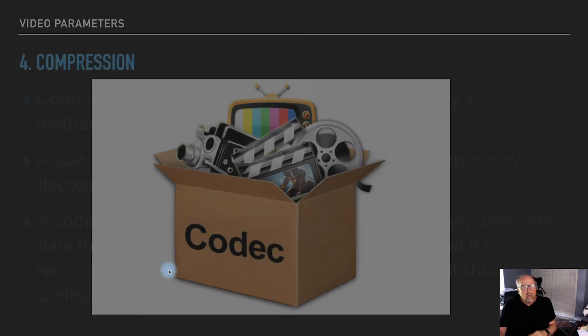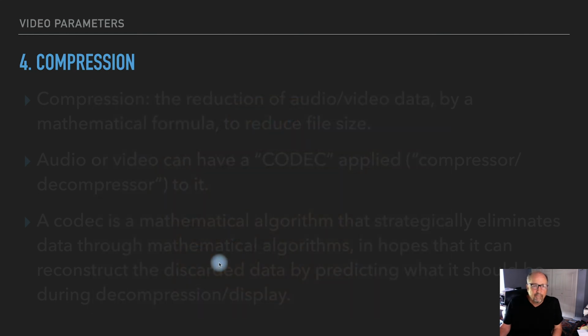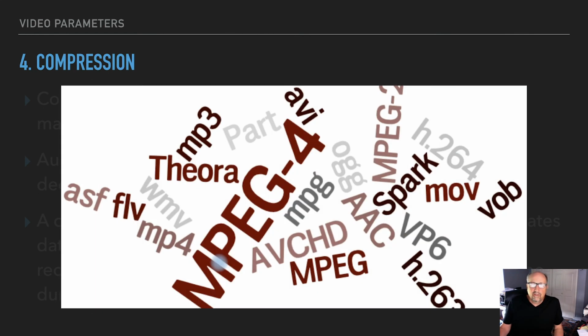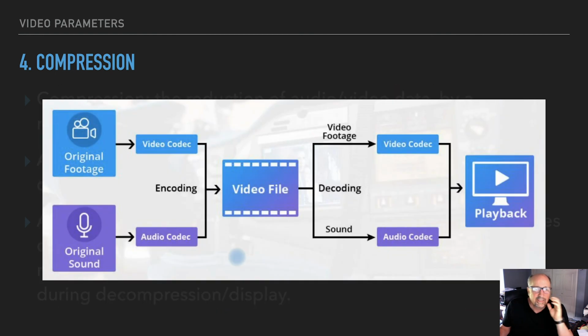So now we move into compression or codec, which is compress, decompress. So which codec should you use? Which kind of compression should you use? Well, I have a whole other lecture just on codecs, so we'll deal with that later in detail. But for now, what you need to know is that you have original footage captured.